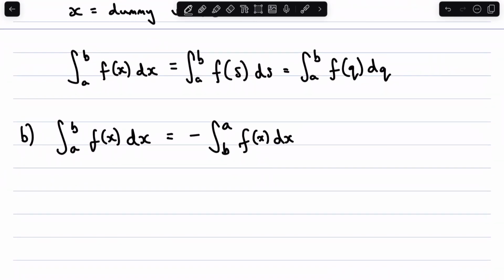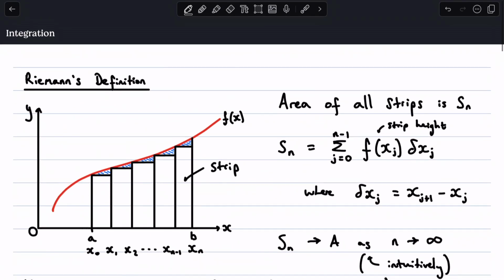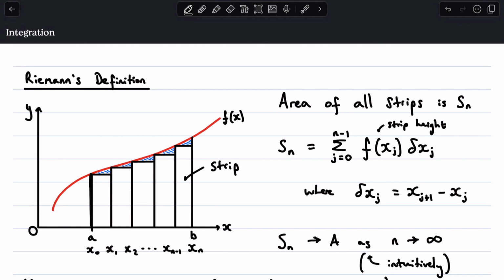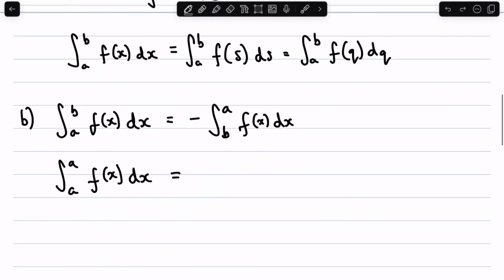And hence, if you had an integral from a to a of f of x dx, this has no area under the graph. If you were just doing it at the point a, it's infinitely thin, so you're going to have no area, and that integral will just result in 0.